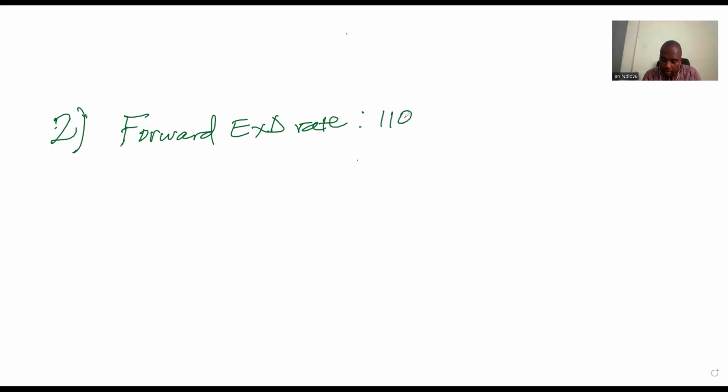I'm going to demonstrate the second scenario. For scenario number 2, just to recall, our forward exchange rate is 110.5.